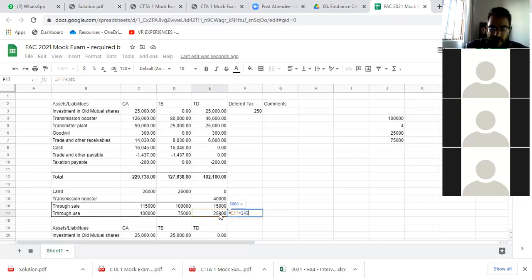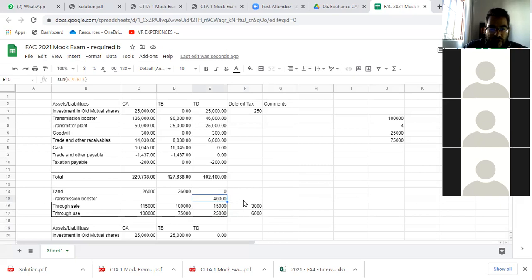Just use 24% for now, we'll come to that rate just now. And then over here through sale, your CGT rate, you would say is 20%, if I understand correctly. Yes, correct. So then we would get that.